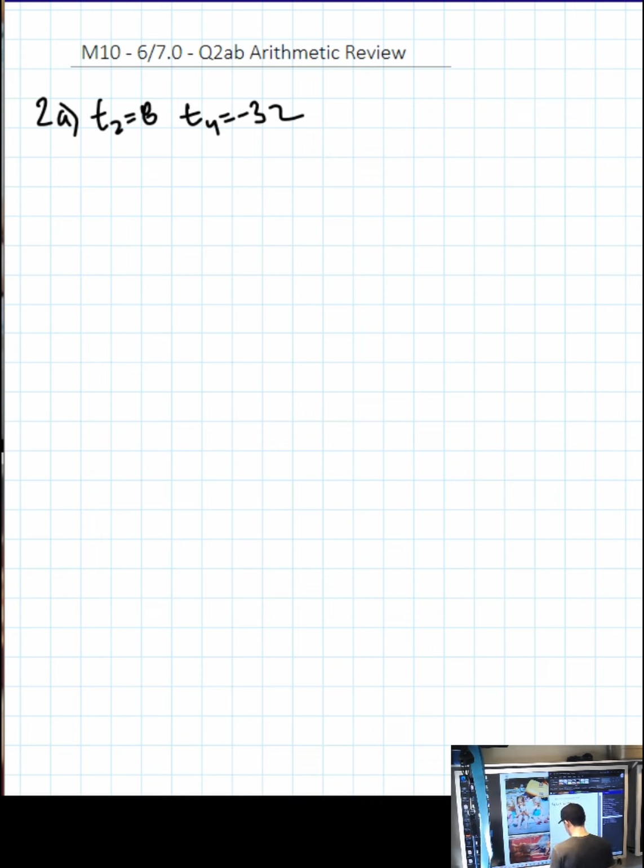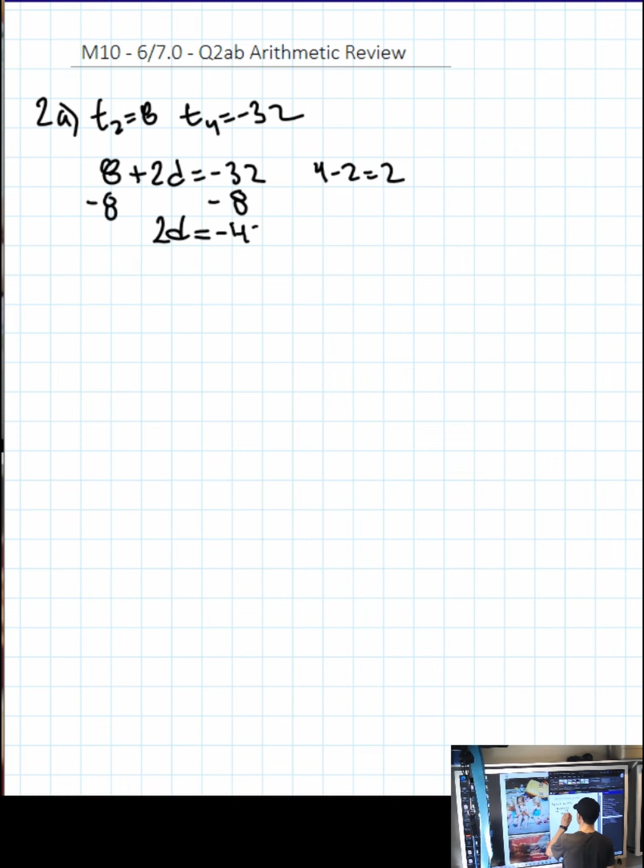Okay, so we could set it up with our blanks, but we know that 8, term 2, plus the number of differences, 4 minus 2 equals 2 differences, so 8 plus 2d is equal to negative 32. Okay, so we can solve: minus 8, therefore 2d will equal negative 40, and divide both sides by 2, d equals negative 20.